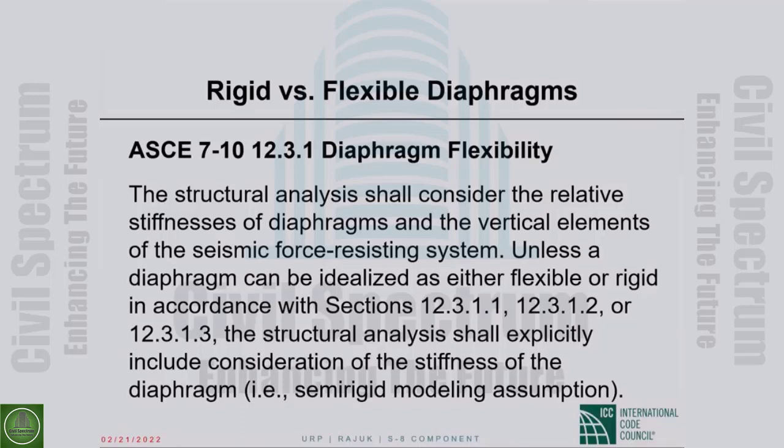Unless a diaphragm can be idealized as either flexible or rigid in accordance with such and such section, the structural analysis shall explicitly include consideration of the stiffness of the diaphragm, that is, semi-rigid modeling assumption. So ASCE 7 is requiring it unless your diaphragm can be idealized as either flexible or rigid by the ASCE 7 provisions that we went over.